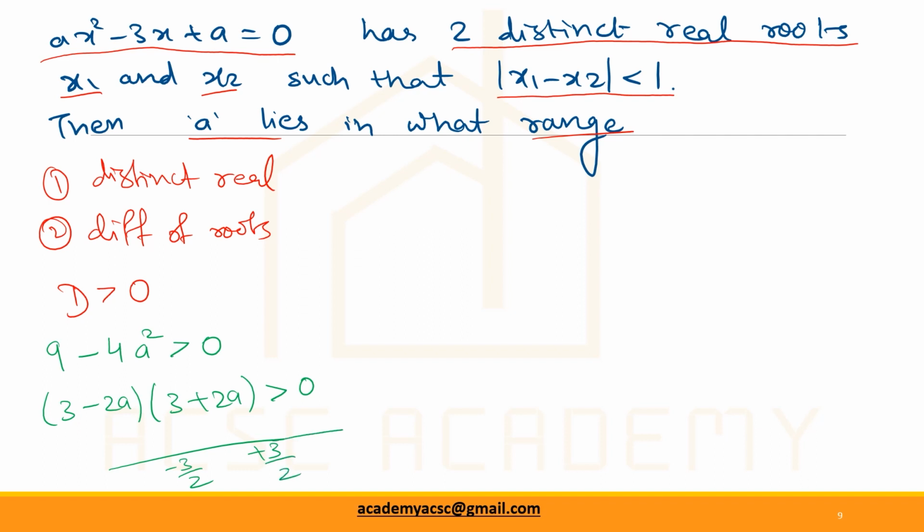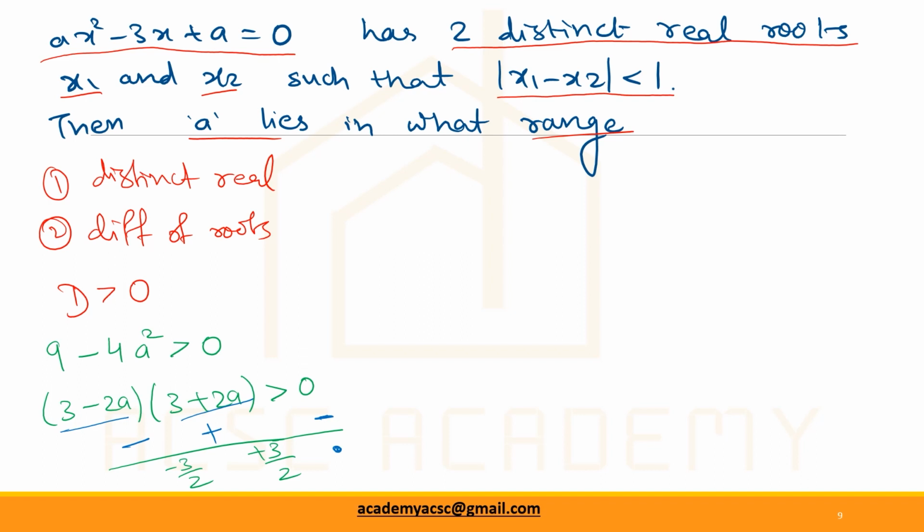Now we want their product to be positive. So which values will we be taking? We already are aware of this method, that we draw a number line and then we estimate. Let us say for this particular side, we take some greater value for a, let us say 10. When we take 10, this will become negative, this will become positive, which means the result is negative, positive, negative.